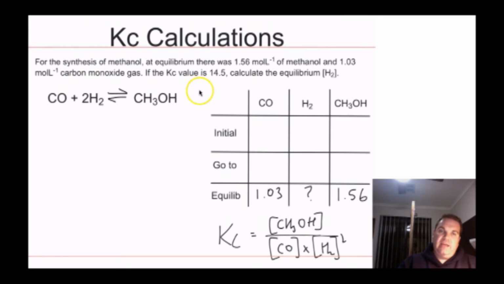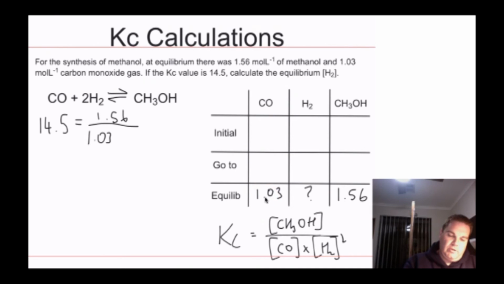So we get told up here the Kc value is 14.5. Okay, so we go 14.5 equals concentration of our methanol, which is 1.56, over concentration of carbon monoxide, which is 1.03, times the concentration of hydrogen squared.